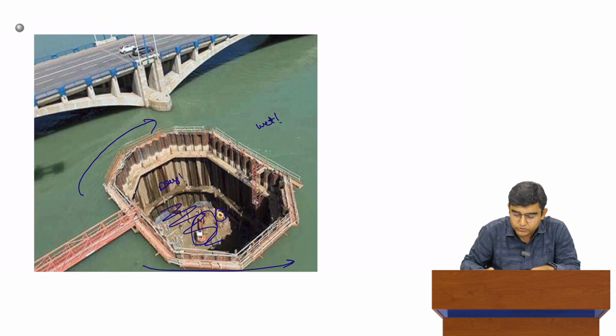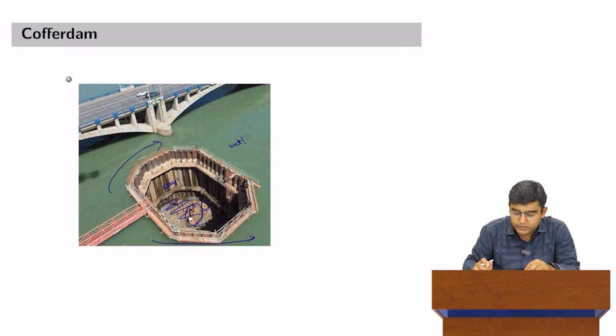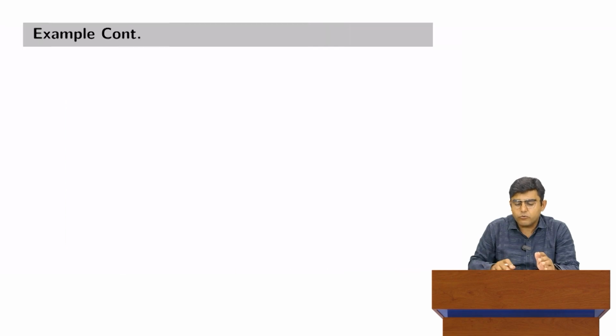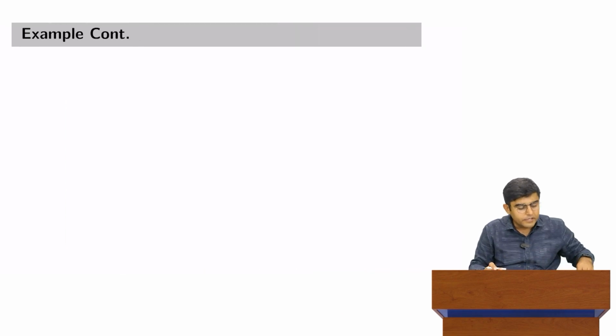So now if water is able to overtop the top of the coffer dam, it is going to enter and result in submergence. And coffer dams are used at multiple places across the globe to do construction where the water table or water level is very high.